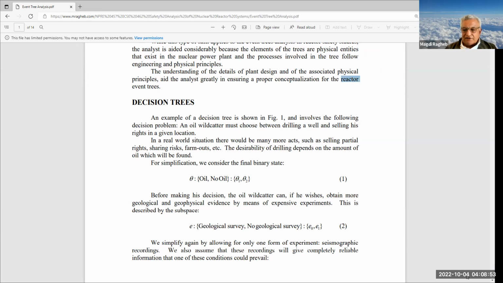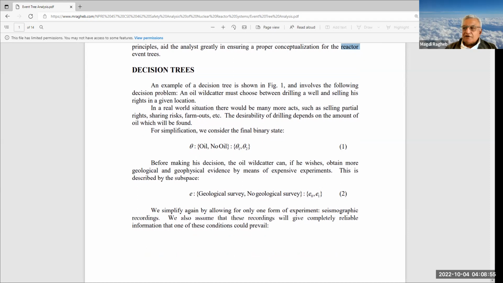Okay, so let's study from operations research the concept of a decision tree. And let us think about oil drilling. Suppose that you're an oil engineer, a petroleum engineer, and actually you could also be a wildcatter.